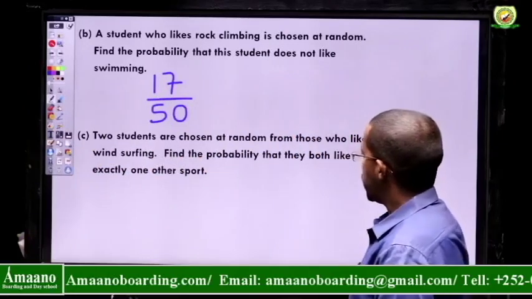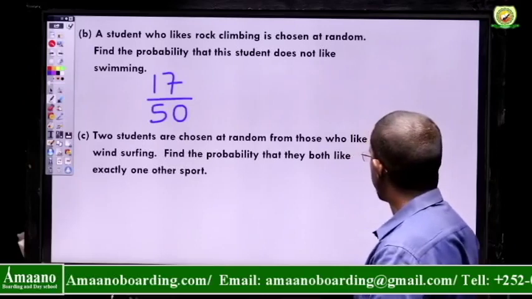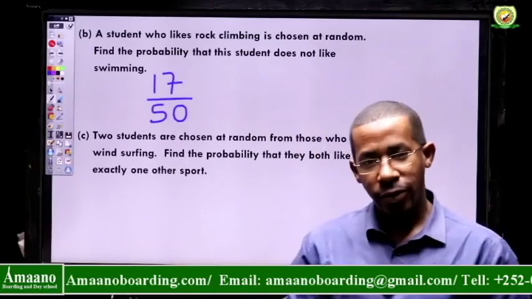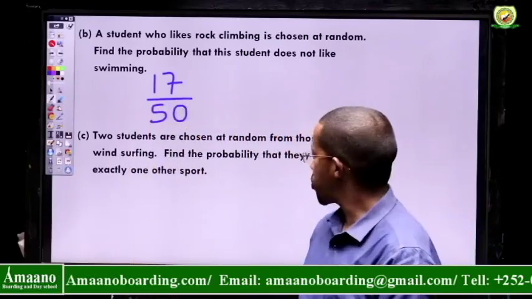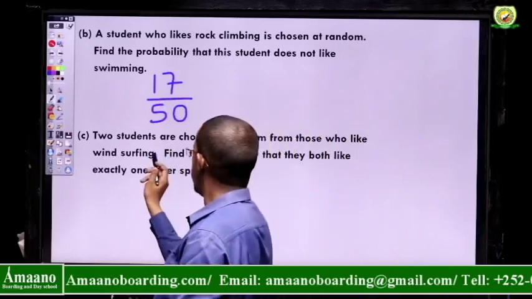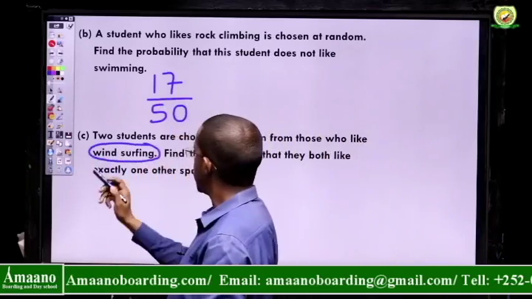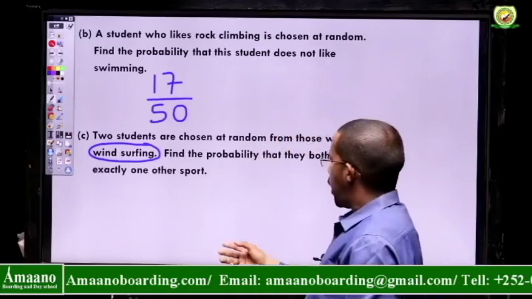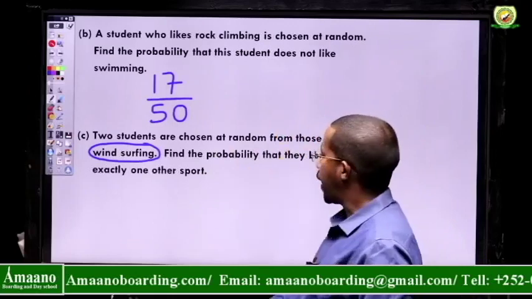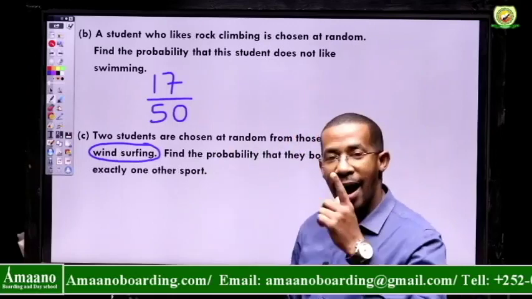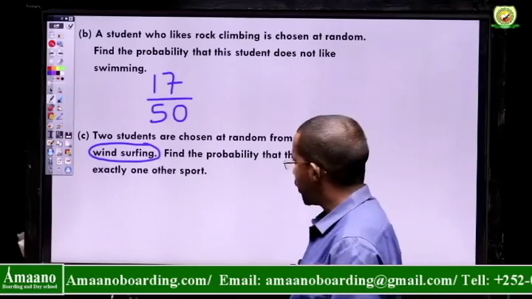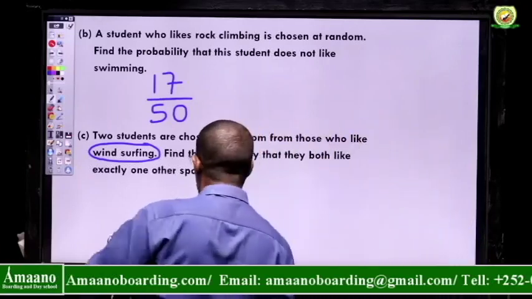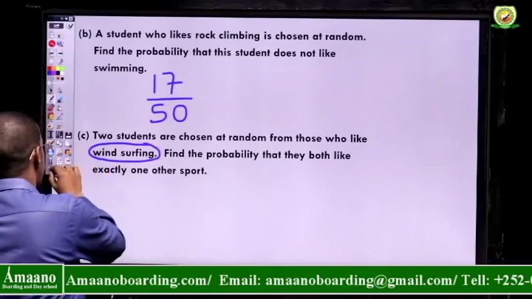Then we are told 2 students are chosen at random from those who like windsurfing. You see again, you're not choosing from the whole universal set. You're only choosing from those who like windsurfing. So first we need to know how many do that. They're asking to find the probability that they both like exactly one other sport.